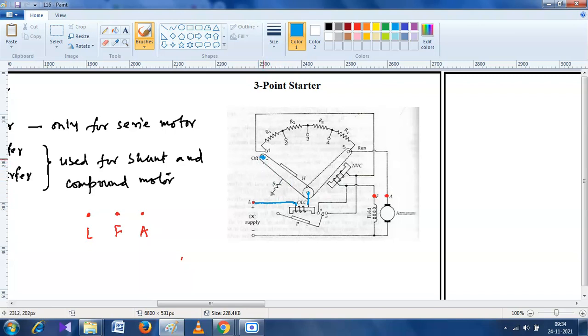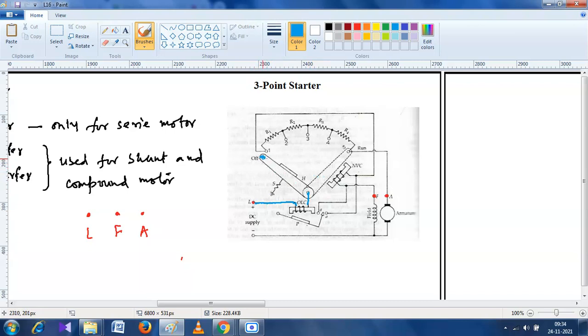That means if we move that lever from the off position to 1, 2, 3, 4, or 5, the spring will bring that lever back to the off position if we release it. That means due to the spring, the normal position of that lever is the off position.